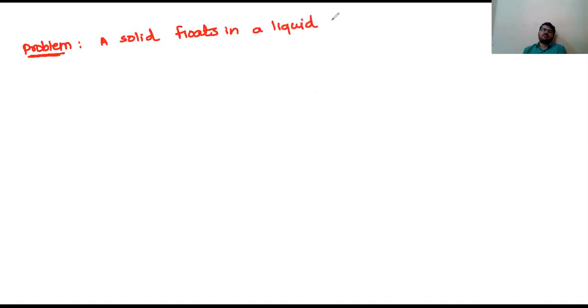Very easy problem. If you understand, you can solve it easily. At 20 degrees Celsius, with 75% of it immersed.